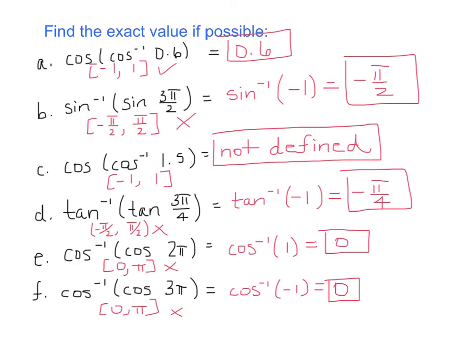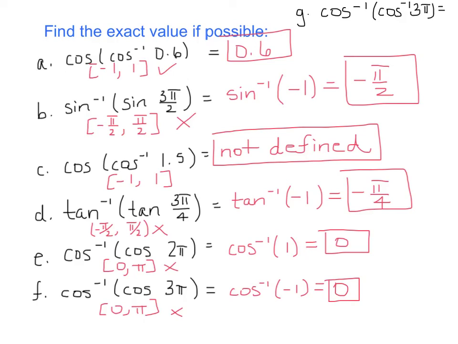But what if we did this? I don't have any room, so I'll put it up here at the top. Cosine inverse of cosine inverse of 3 pi.